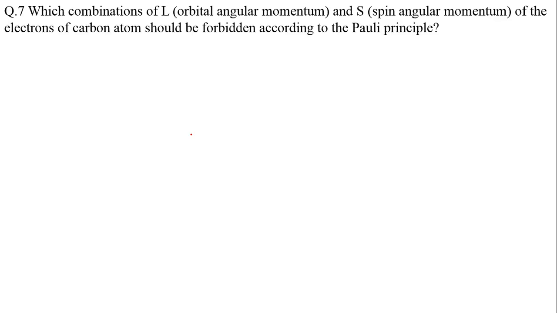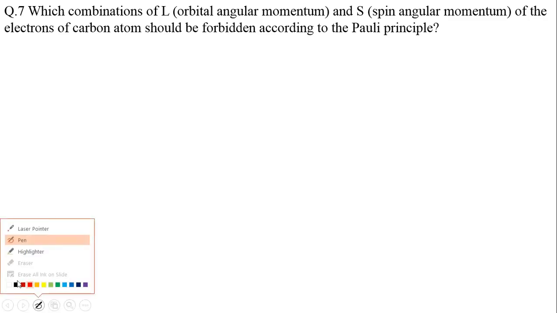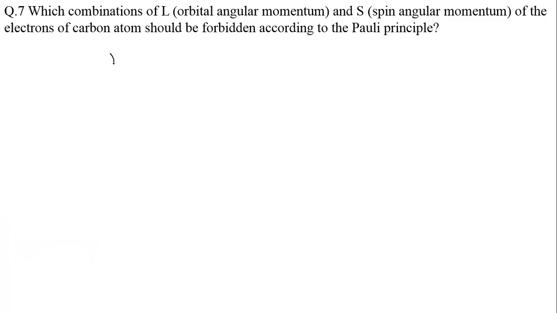So, according to Pauli's principle, no two electrons in an atom can have all the four quantum numbers equal. So, what are these quantum numbers? The four quantum numbers are n, l, ml, and ms.